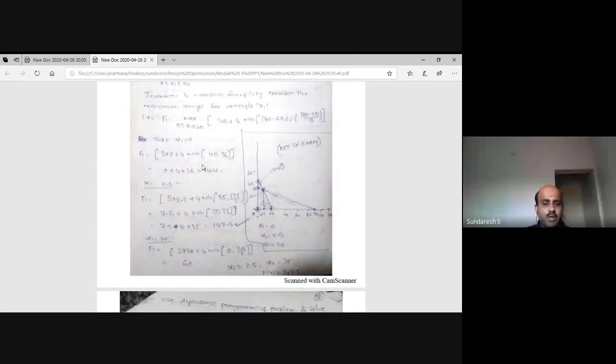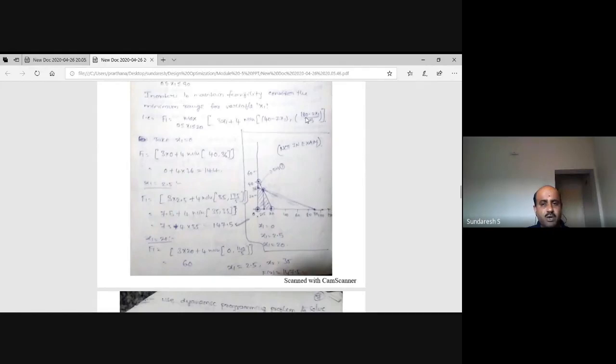Now when you put x1 equal to 0 in this expression, it becomes 3 into 0 plus 4 times the minimum of 40 minus 2 into 0, comma 180 minus 2 into 0 into 5. So we get 0 plus 4 times the minimum of 40 and 36.